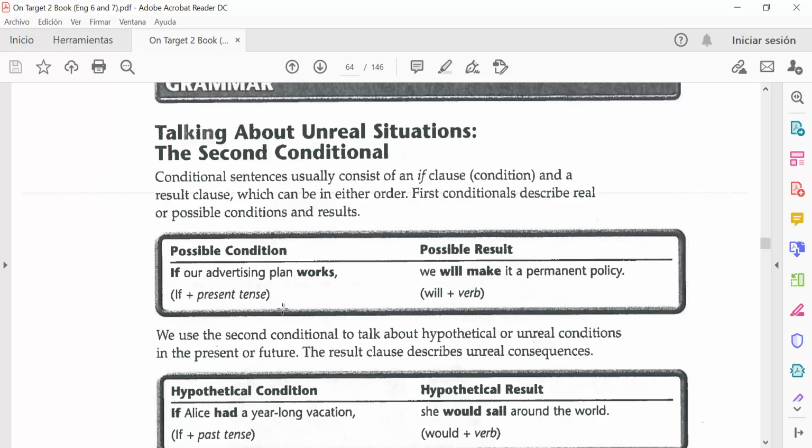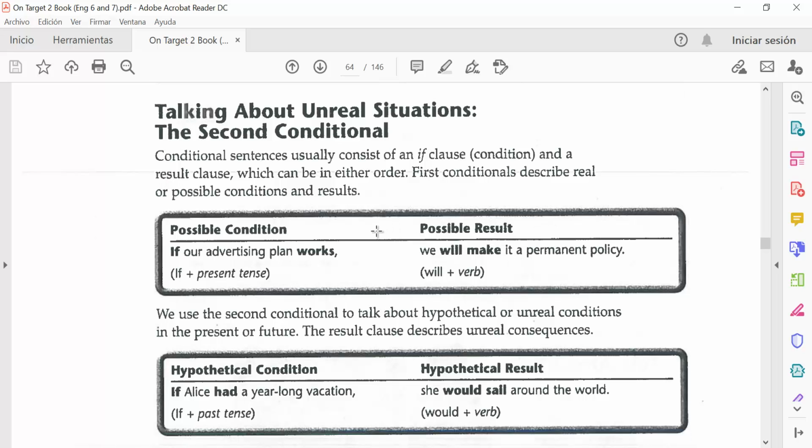We have a result clause and a condition clause. The condition clause, you form it with the particle if and the simple present. And the result clause, you form it with the auxiliary will plus the verb. That is the first conditional that we use to talk about possible or real conditions and results.